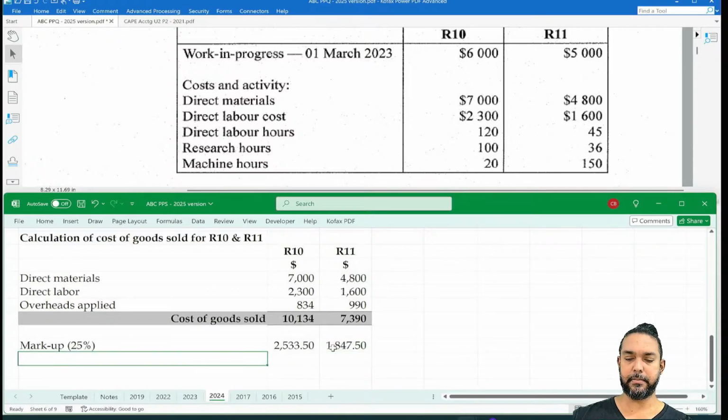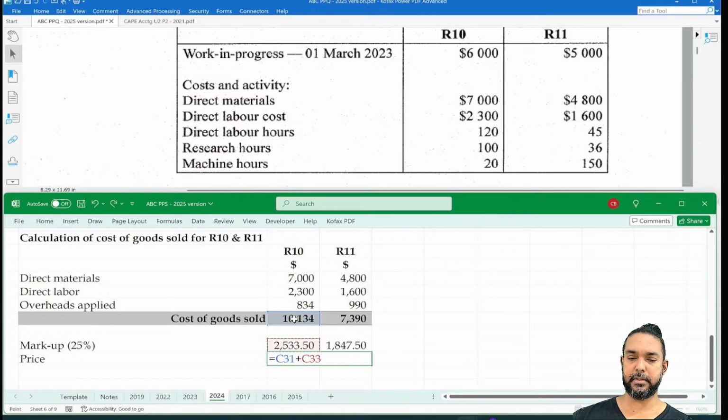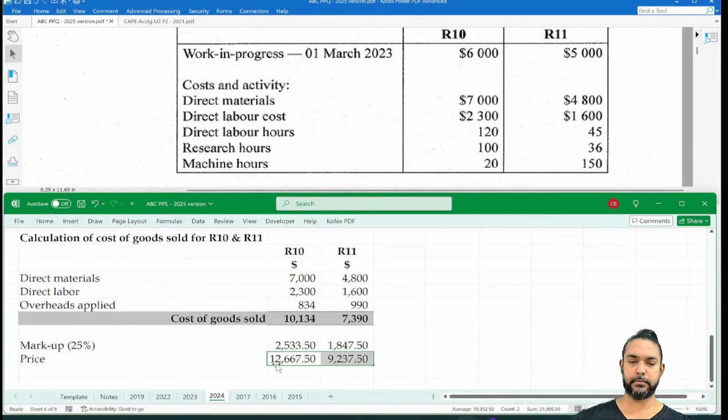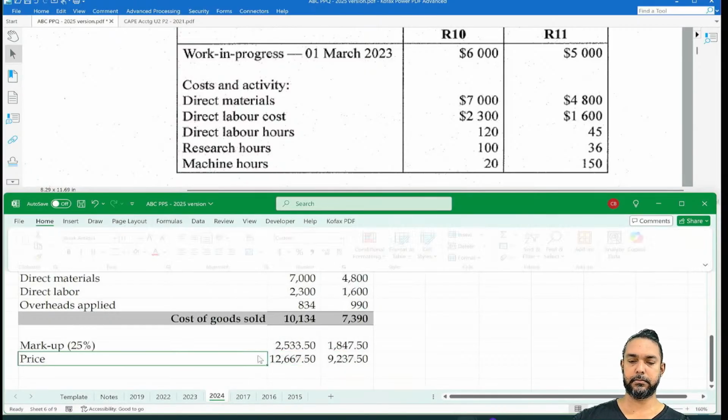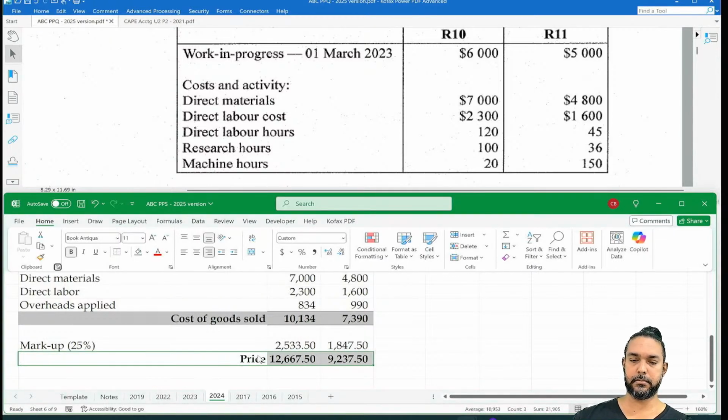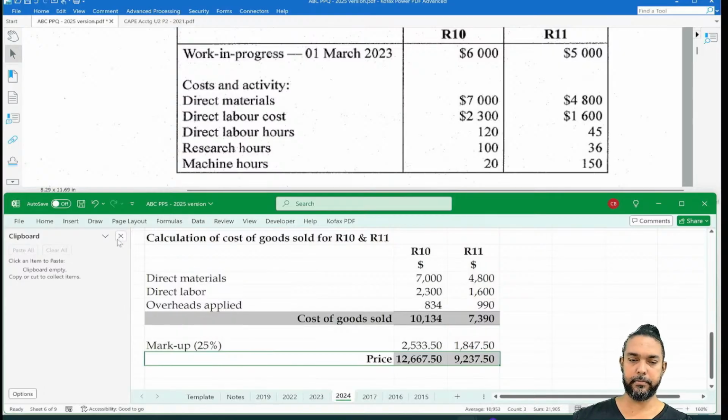All right, and then the price will be equal to this item plus this item here. Okay, definitely wrong thing there.